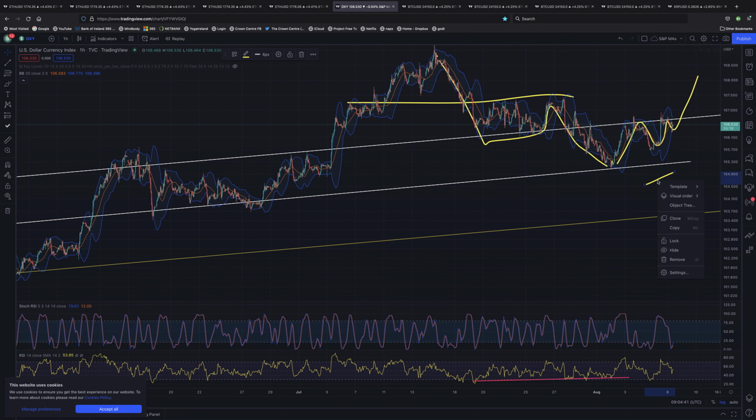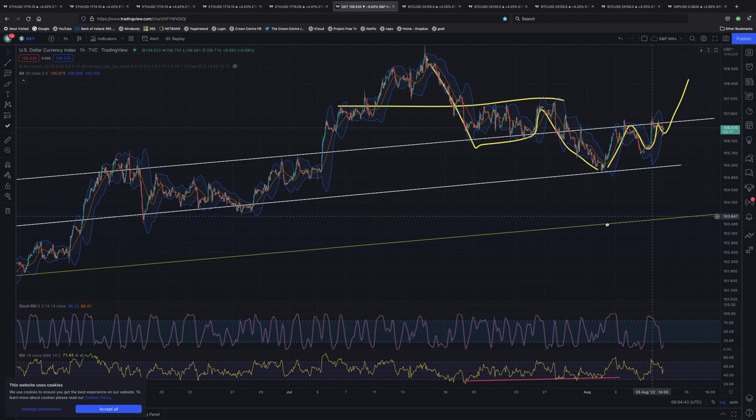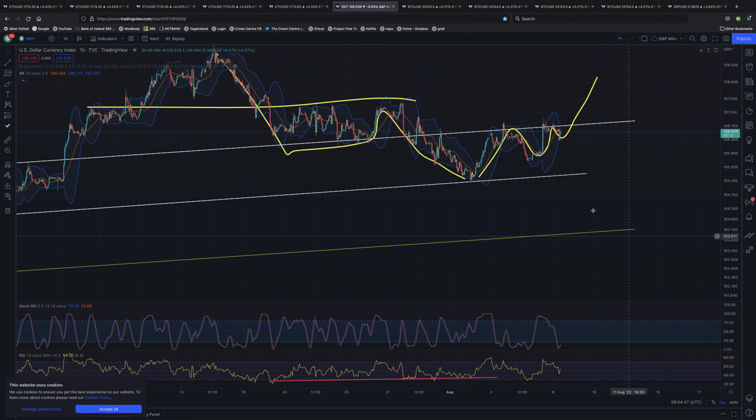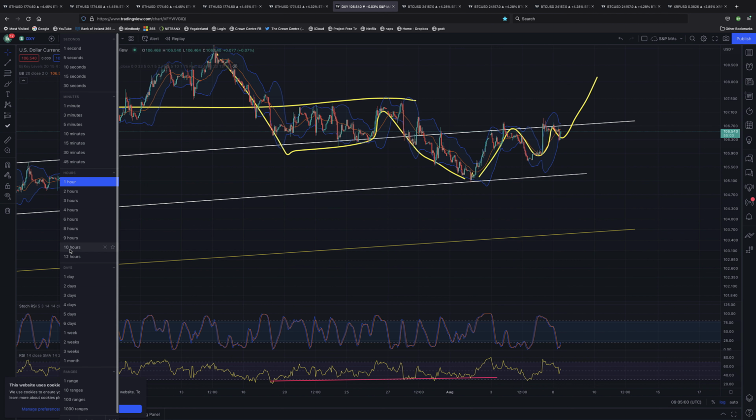If the DXY is going to do that, generally there's an inverse correlation with what coins are going to do. So if the DXY keeps pumping up and breaking this line, validating this W formation, so basically breaking above the previous highs, that is a strong uptrend for the DXY, and that would be a strong downtrend for the coins.